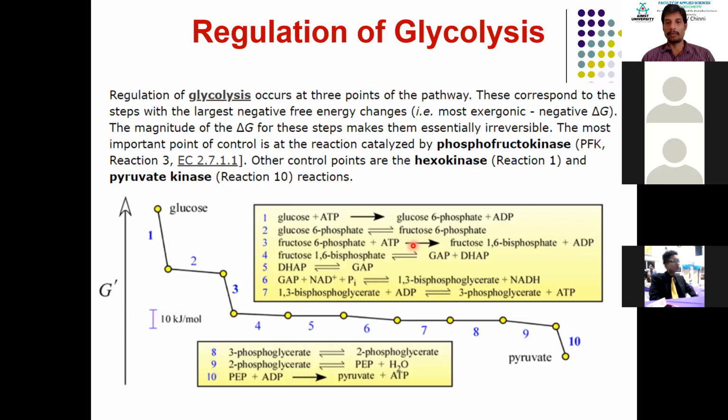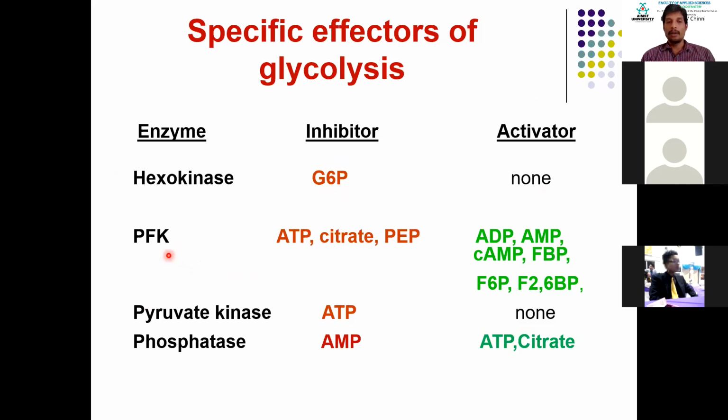And phosphofructokinase is the other enzyme we have seen, right? It catalyzes fructose 6-phosphate to fructose 1,6-bisphosphate. Phosphofructokinase will be inhibited by ATP. That makes sense: if the cell has excess ATP, there is no need to undergo glycolysis, so it will inhibit. Citrate is present after glycolysis: once pyruvate is converted into acetyl CoA, it enters the citric acid cycle, and the first product is citrate.